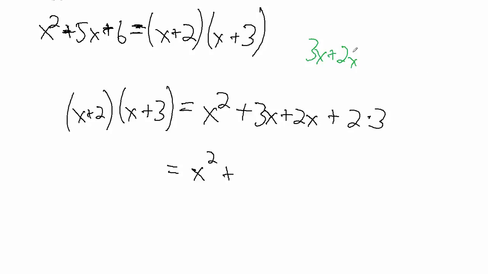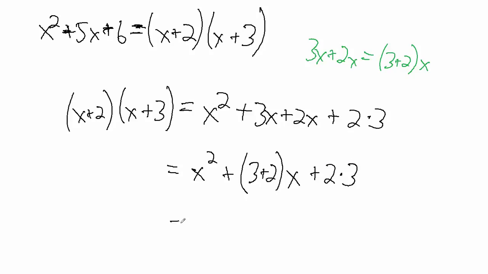So 3x plus 2x, we can pull out this common factor of x here. So 3 times x plus 2 times x is the same thing as the quantity 3 plus 2 times x. Okay? So I'm going to use that down here. 3x plus 2x is the same thing as the quantity 3 plus 2 times x. And then here I still have 2 times 3.